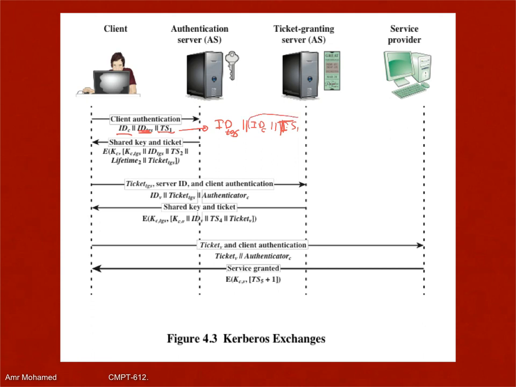This is what we call the authenticator. And this is the target system that you want to communicate with. So this identifies the user, and this identifies the target system that you want to communicate with. What will happen is that the authentication server will send you this message.